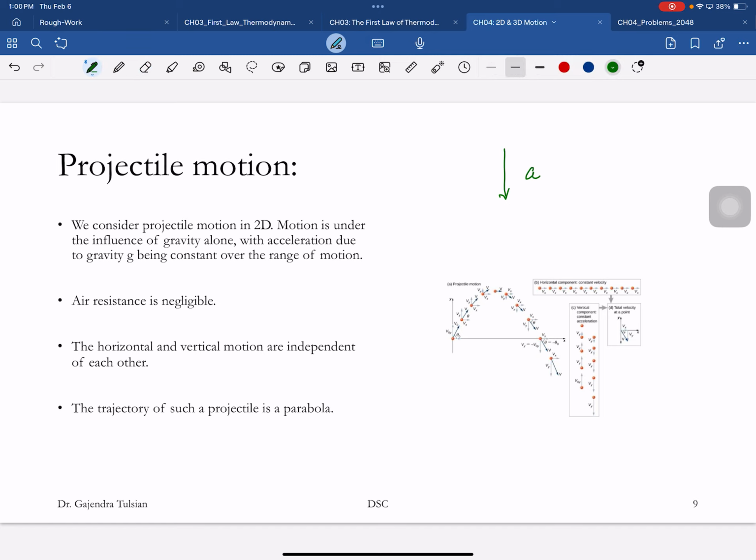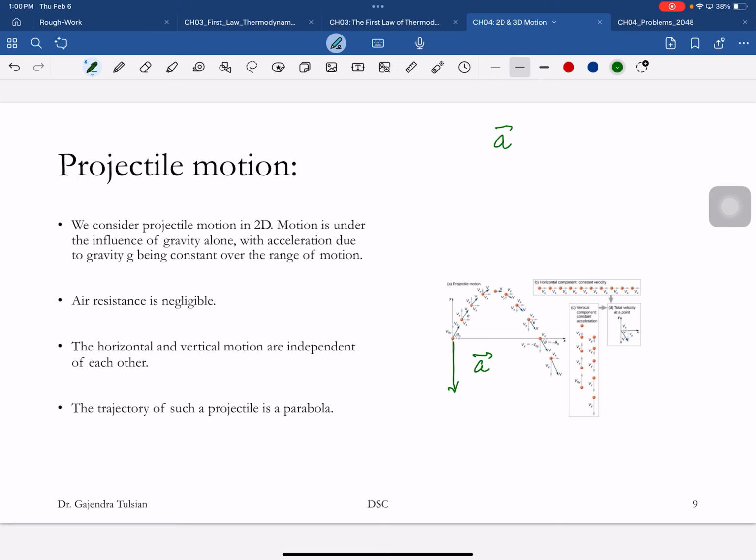Here's the x and y coordinate system. Does this vector have an x component? See, that vector doesn't have an x component.